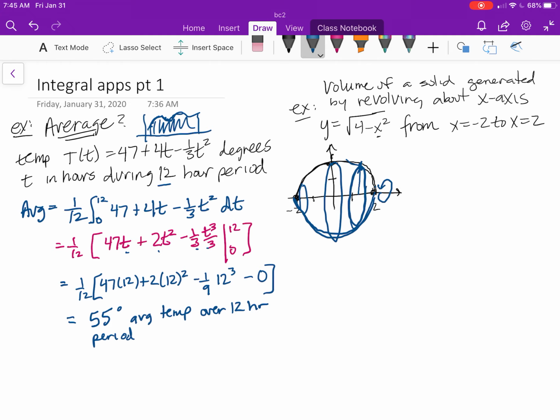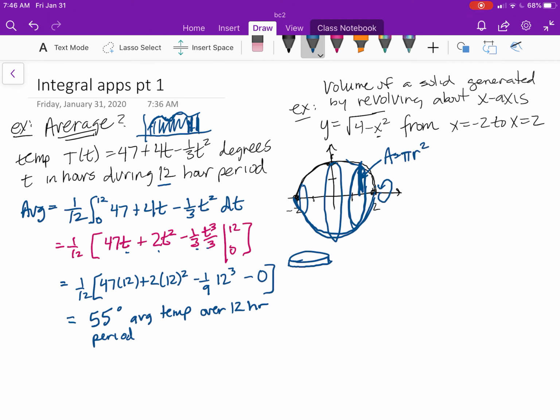Picture a disk as just a circle, but with some sort of thickness. Well, we're making that thickness infinitely small, so just like when we did the area under the curve over here, we're doing that, but we're creating circles out of them. Well, the area of a circle is pi r squared.